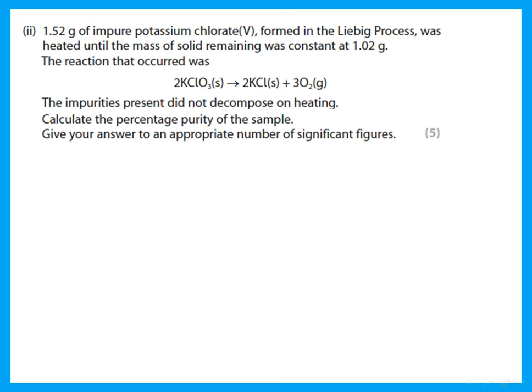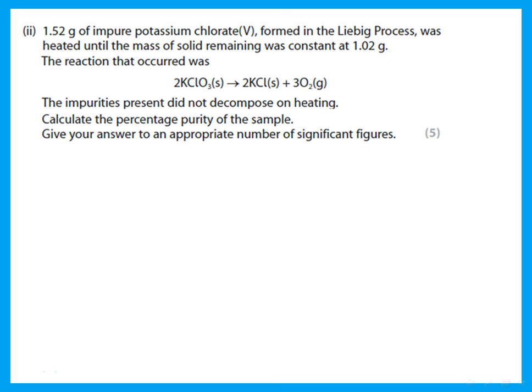And he's trying to calculate the percentage purity of the sample. Remember, if we say that it has impurities, and at the end the solid left was 1.02 grams, that means 1.02 grams is the mass of the KCl and the impurity. So I cannot use that for calculation.